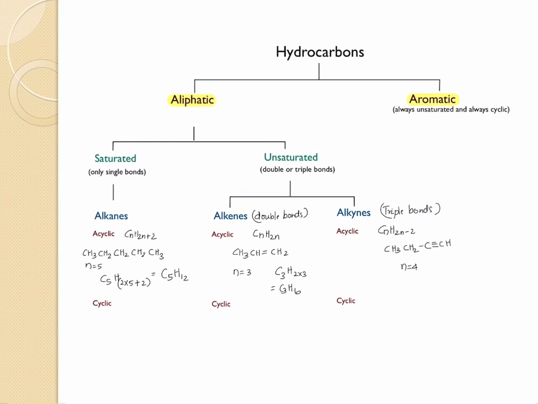When you apply n equals 4 in the formula, Cn, which is C4, H, 2 times n would be 8, minus 2, that would be 6. So C4H6 should be the formula for it.